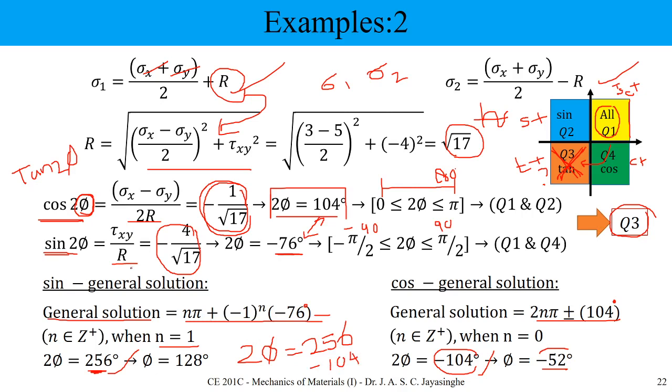So we are actually going to find the general solution, the pair solution, for 2 phi. So that is okay. Then you can go with this one, and that will end up with phi equal to 128.